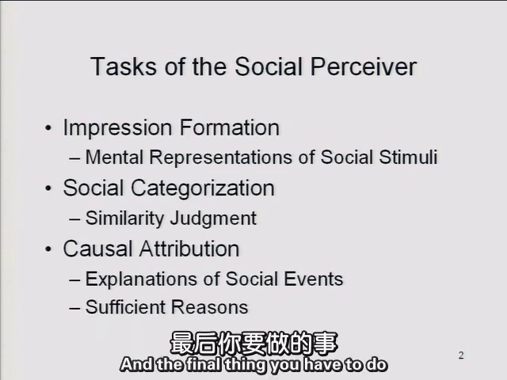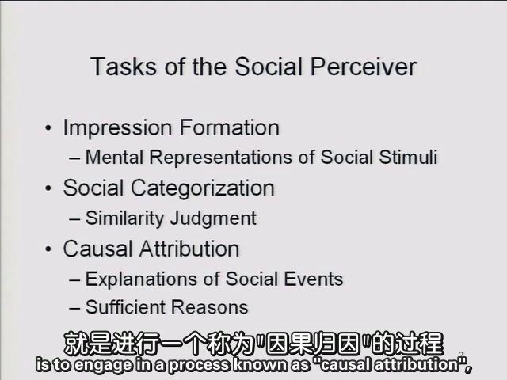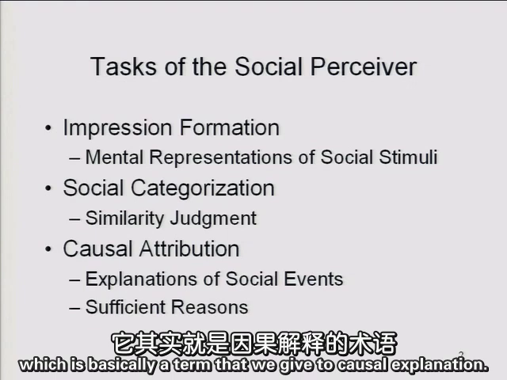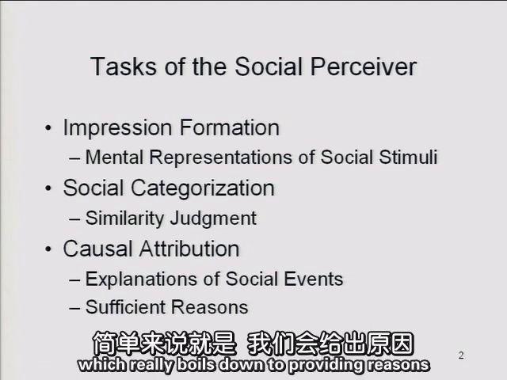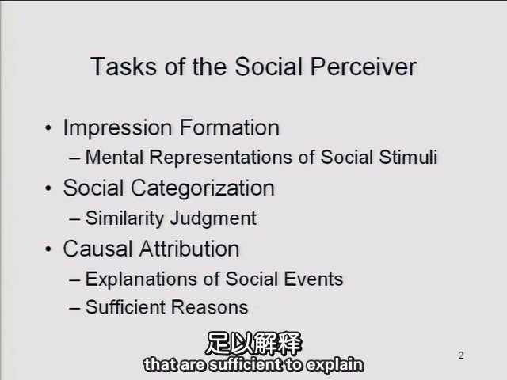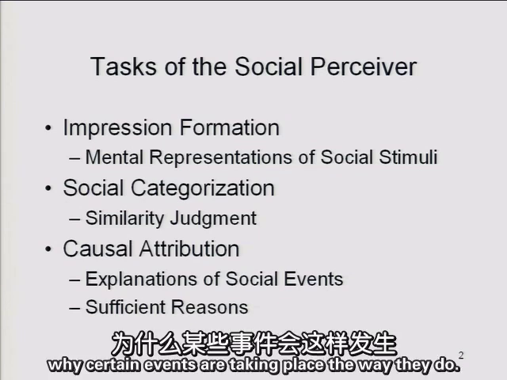And the final thing you have to do is engage in a process known as causal attribution, which is basically a term that we give to causal explanations. People need to explain social events, which really boils down to providing reasons that are sufficient to explain why certain events are taking place the way they do.